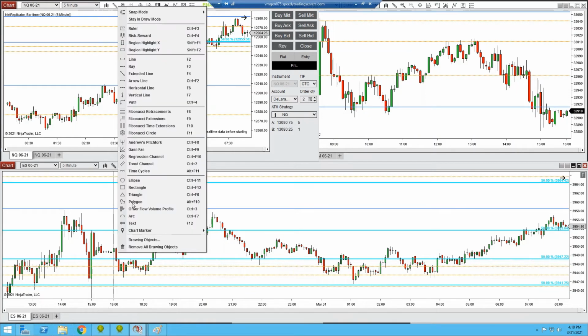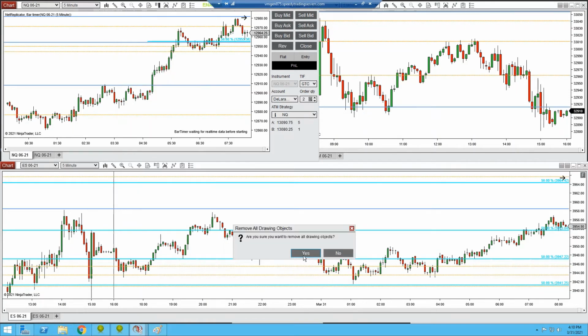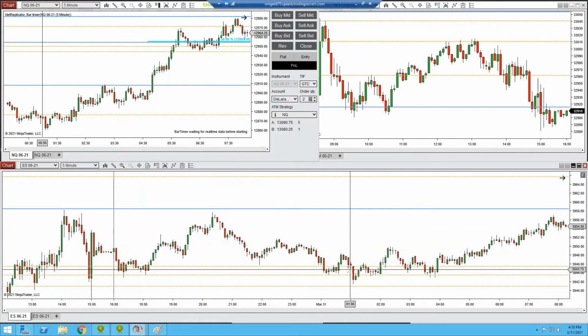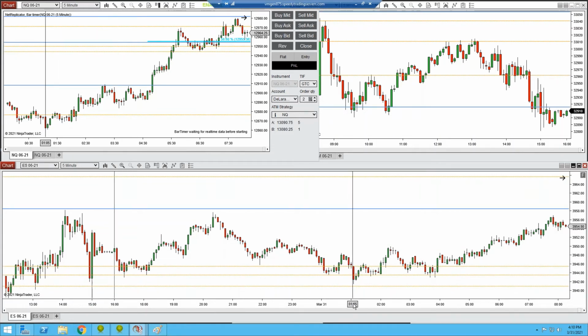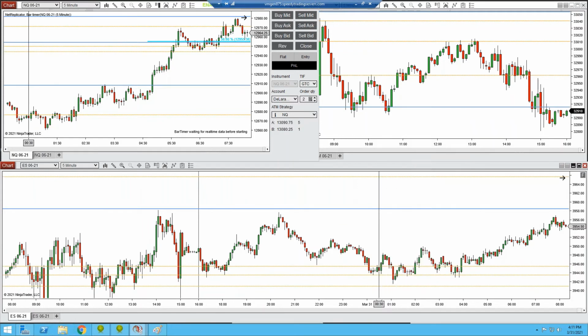Okay, so on ES, we came down. I was about to say, like, what happened to the KPs? Came down and tested these KPs, and I remember telling one of the guys in the chat yesterday that when these KPs are a little different, they're a little lower yesterday, the fact that we held there and now today the KPs are even higher and they held in the overnight, to me was a sign of bullishness.